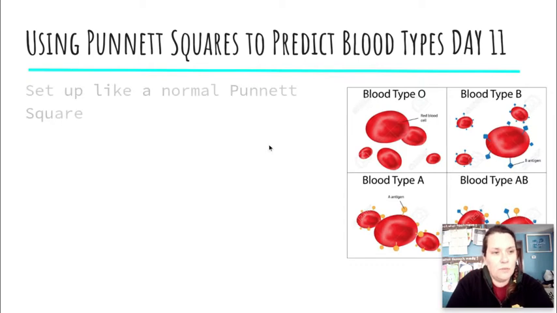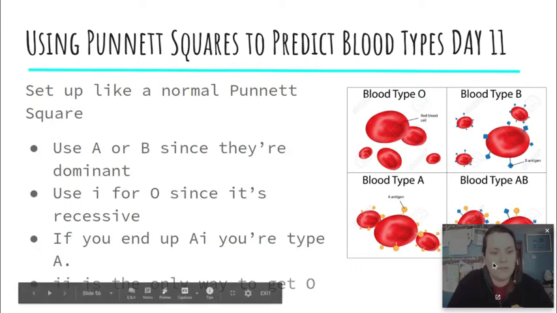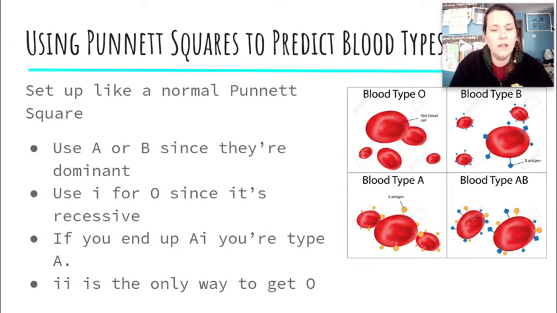So we can do punnett squares to predict blood types. Again, we are just going to focus on type A, type B, AB, and O, not the pluses and minuses, but you would set it up like normal. A and B are dominant, so we use capital A and capital B, and for O blood type we use a lowercase i.